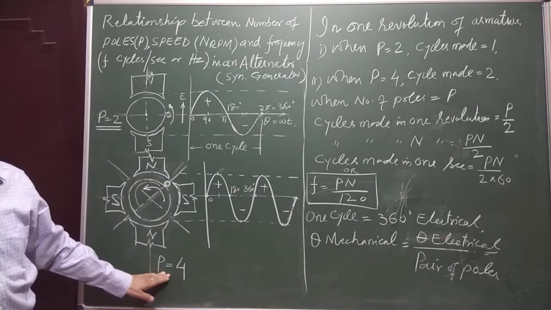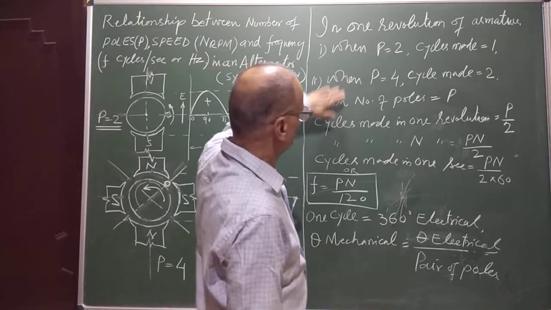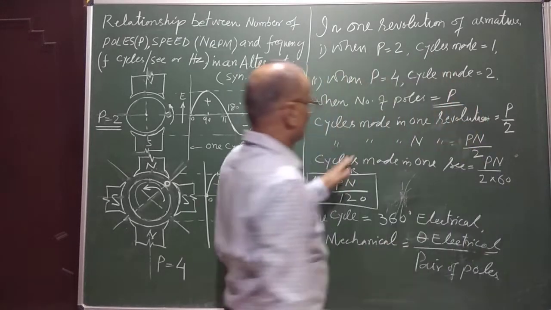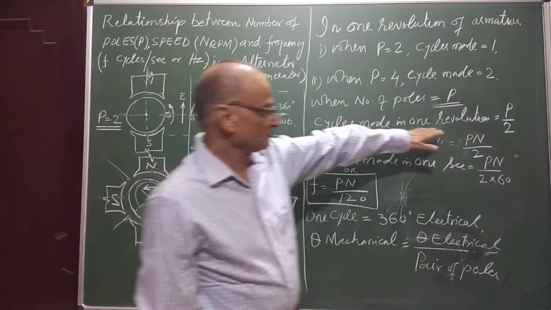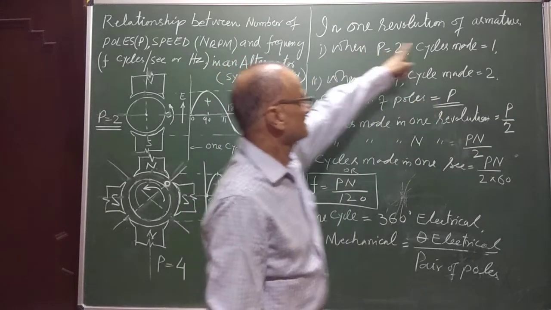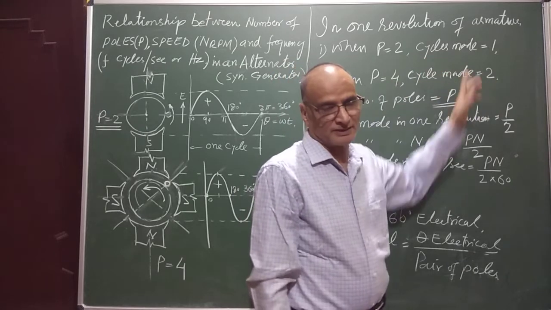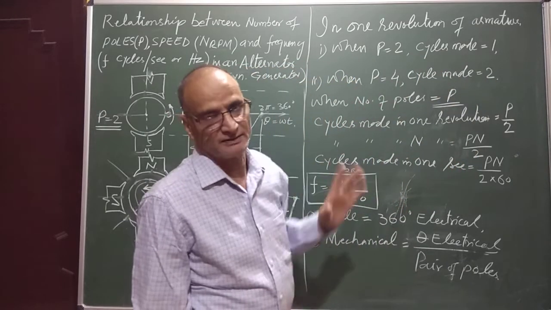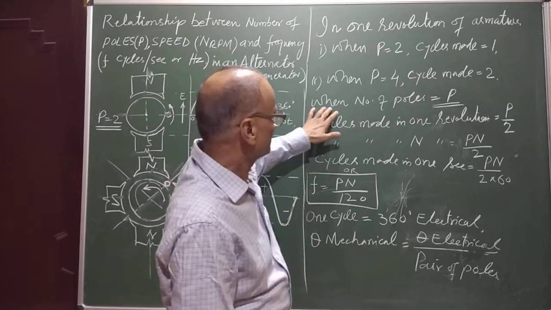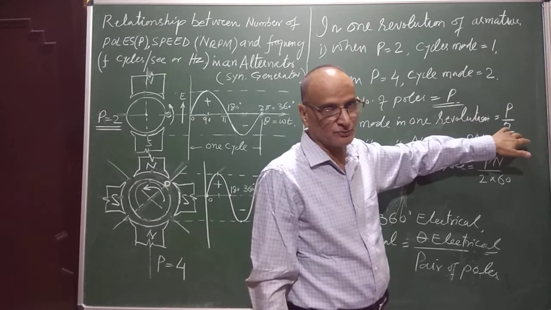In general, if it is a P-pole machine, the cycles made in one revolution is P by 2. If there are 2 poles, cycle is 1; 4 poles, cycles 2. That means cycles are equal to half the number of poles.